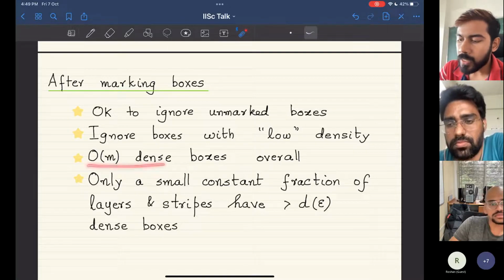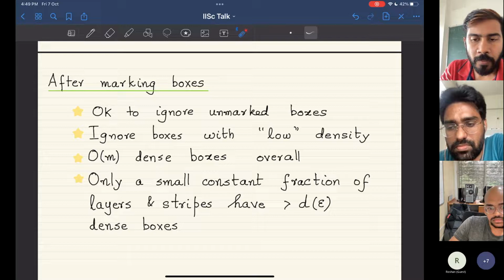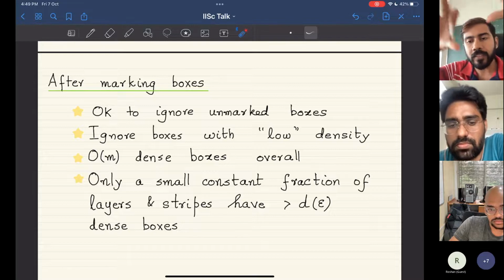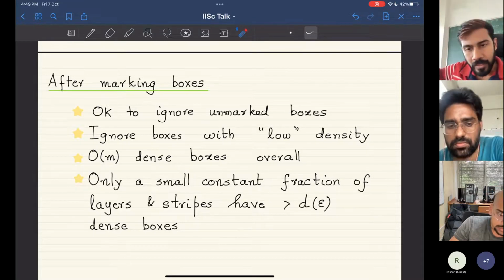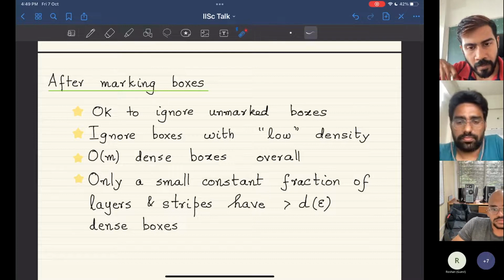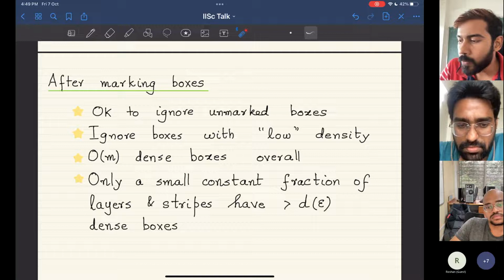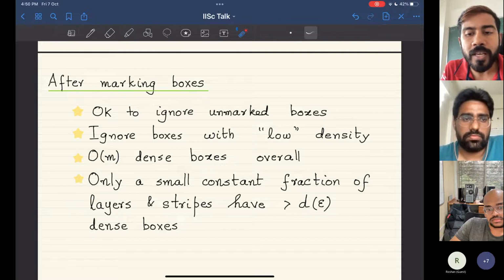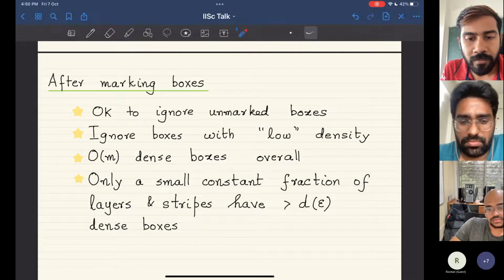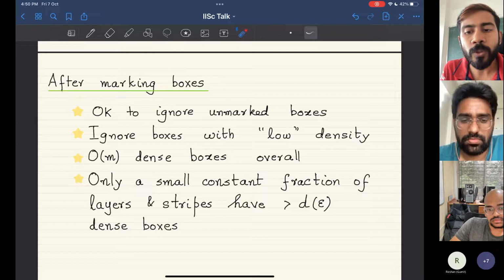Now, among these dense boxes, let's look at layers and stripes. These dense boxes are distributed among layers and stripes. There cannot be too many layers with more than D dense boxes, because overall there are M dense boxes. There can be at most M over D layers with more than D dense boxes.